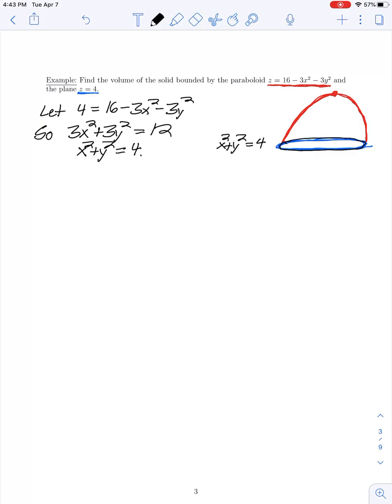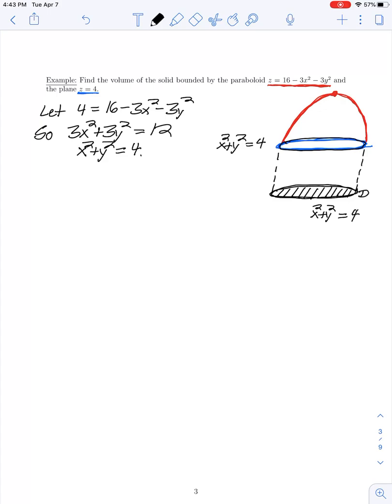So if we think about projecting this solid region onto the xy plane, we have a circle for the outline of our region, described by x squared plus y squared is equal to 4. And we're going to integrate over the region that lies inside of that circle.